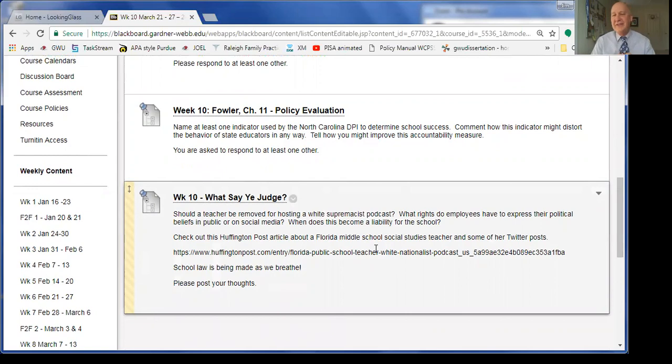So read the facts and then comment, please. There's some nexus here of teacher freedoms and teacher freedom to speak her mind and the school district's liability in terms of providing the curriculum that is stated to the children. Well, give me your thoughts about that.